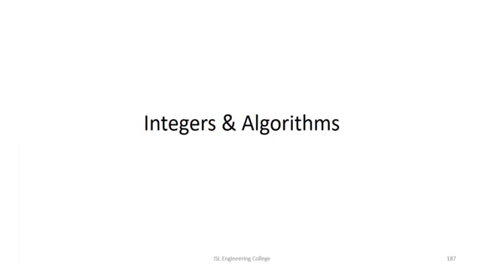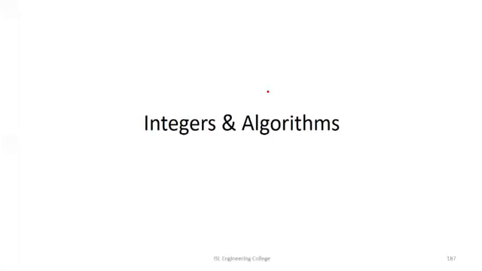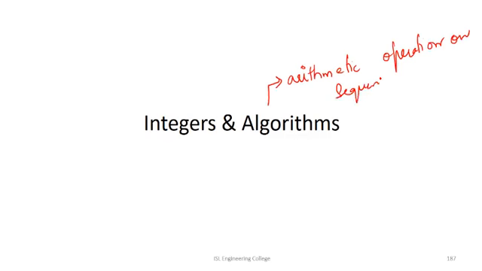The next topic which we'll be beginning today is integers and algorithms. As we have already seen what we mean by algorithms, algorithms are basically a sequence of steps, the procedures by which we perform arithmetic operations, usually based on the decimal representation of integers.